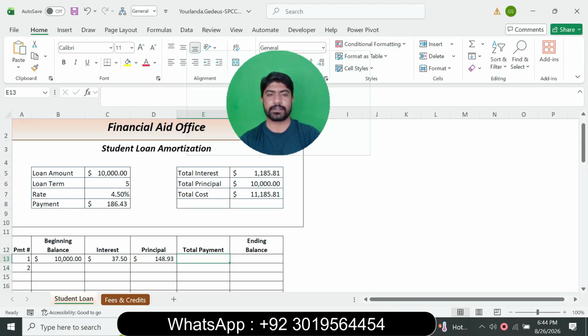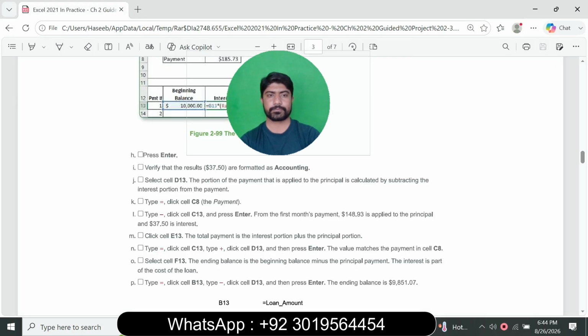So click cell E13. The total payment is the interest portion plus the principal portion.